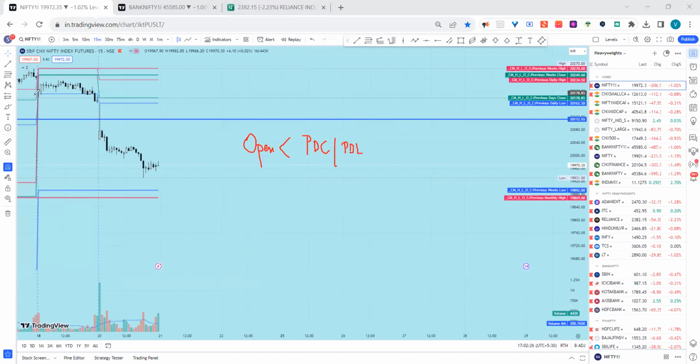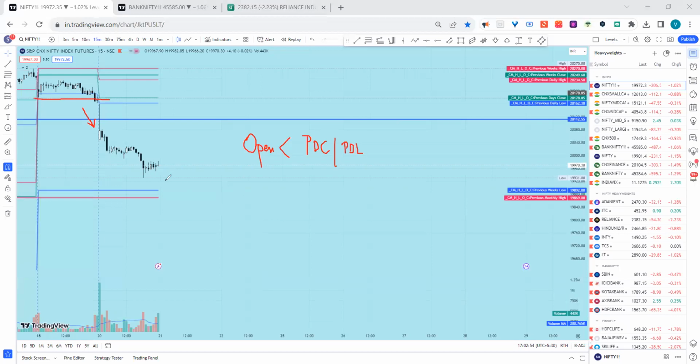In this chart, we have the previous day low and previous day close both nearby, so it doesn't make a difference in this case. It's very contextual. Whatever concept we discuss on the price, it's very contextual depending on the chart. So when the open is very low compared to the previous day close or previous day low, this is called a weak opening. This is a simple, technical, price-based understanding of open. From the open we come to the conclusion that yes, today is a weak open.